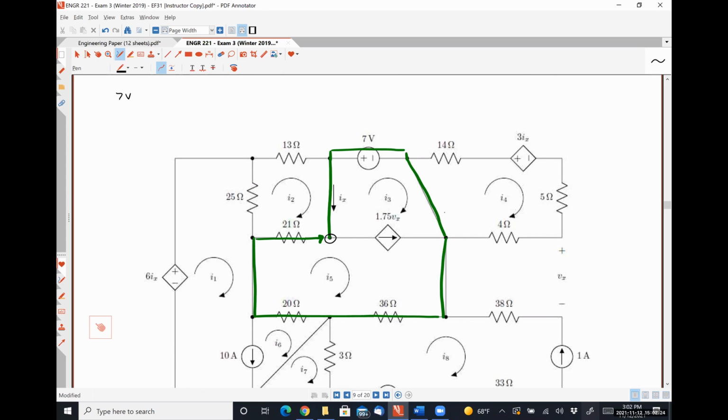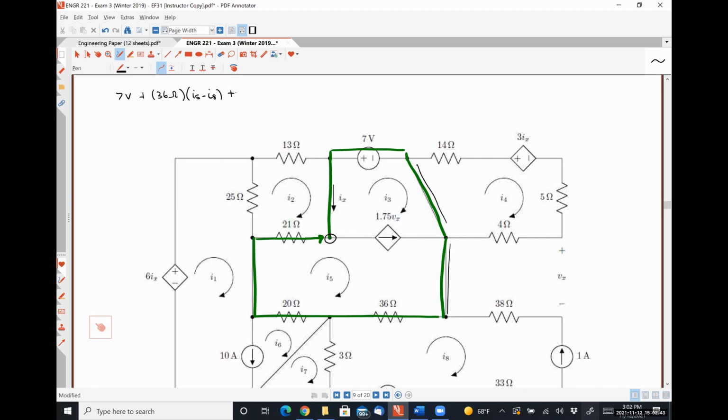And then this bit right here is a short circuit, so I see nothing. This bit right here is a short circuit, so I see nothing. The next thing I see is the 36 ohm resistor, and it will have a current of I5 minus I8 flowing through it.